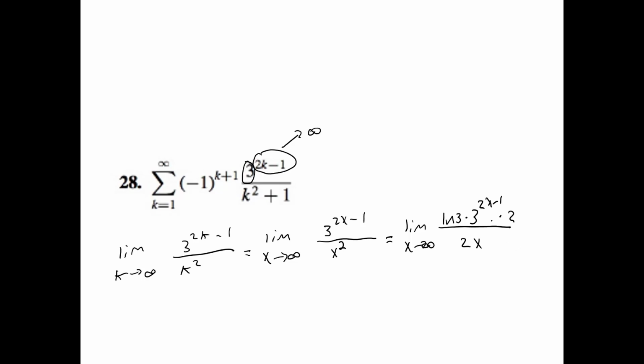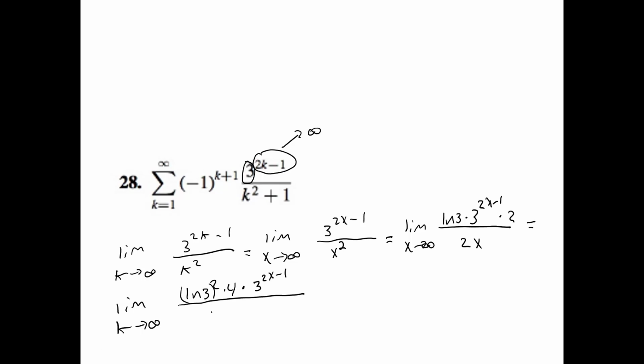But you still have infinity over infinity. This is still going off to infinity, so you have to apply L'Hopital's again, and this becomes the limit as x goes off to infinity of, now you're going to have another factor of the natural log of 3, and you're going to have another factor of 2, times 3 to the 2x minus 1.